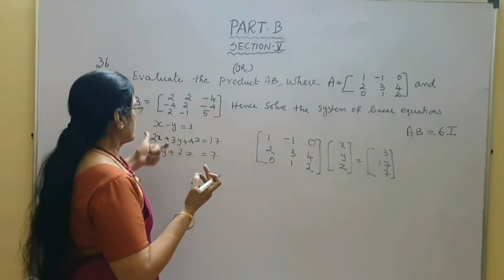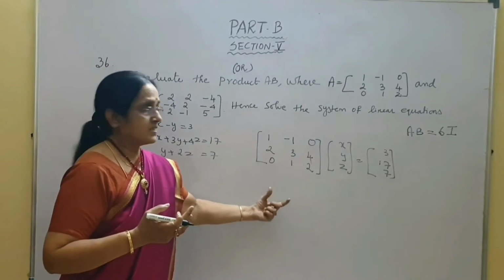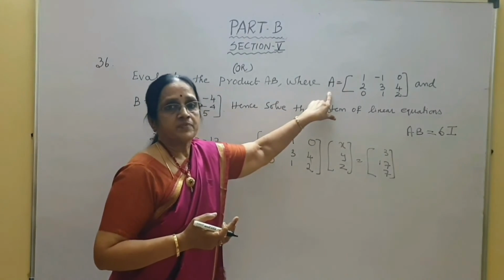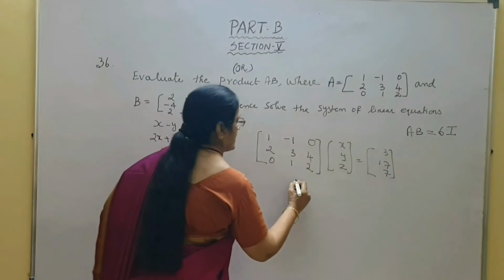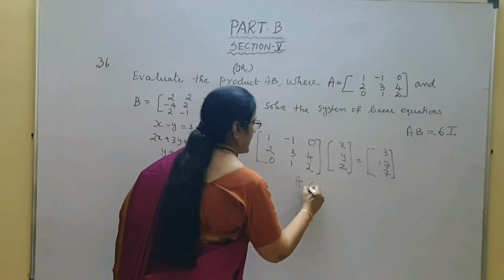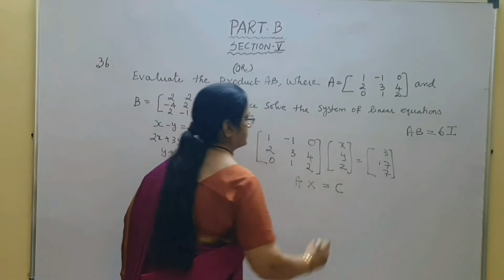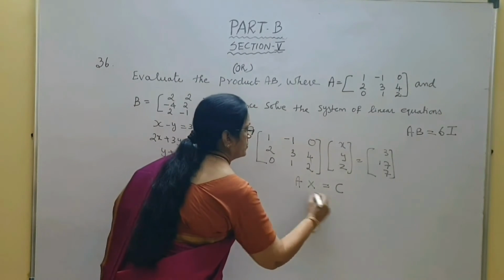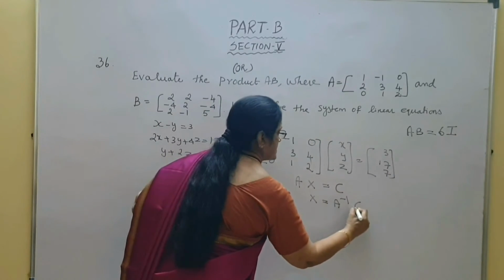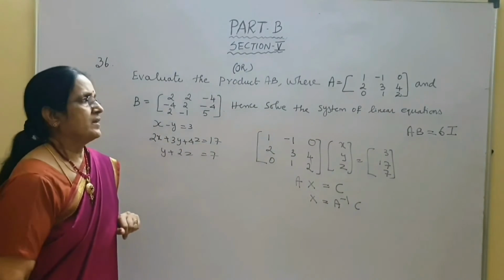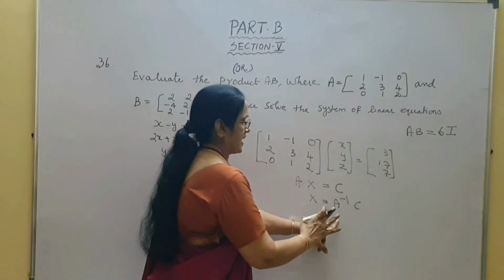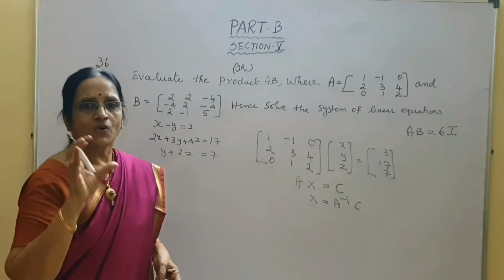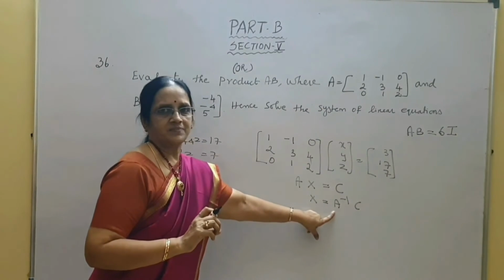So when you put these equations in matrix form, the matrix what you get over here is nothing but the given matrix A. So I can write this as A into X is equal to some C. Or in other words, X is equal to A inverse C. Now I need to decide from this product AB equal to 6I, what is going to be A inverse?